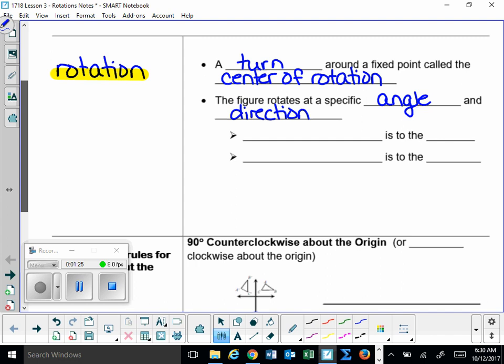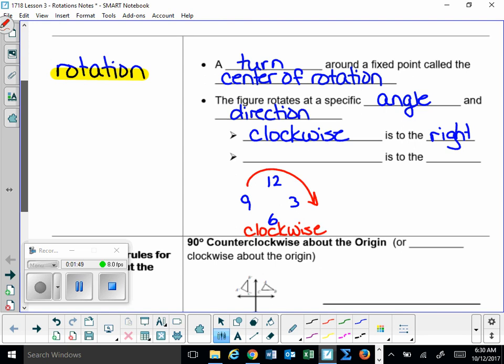Okay, a couple of keywords you need to remember. Clockwise is to the right. If we think about a clock, 12, 3, 6, 9, clockwise is going to the right. And counterclockwise is to the left.